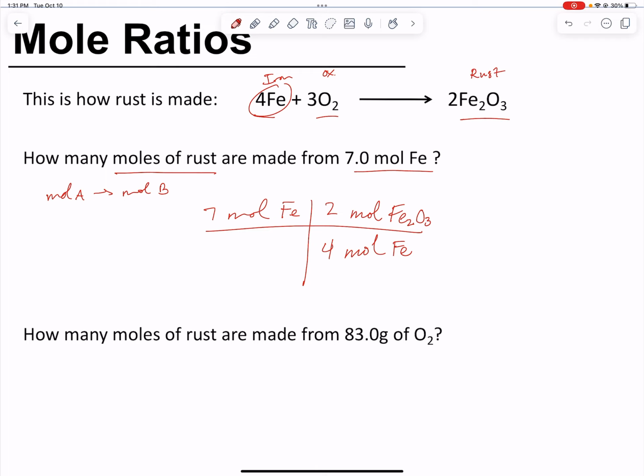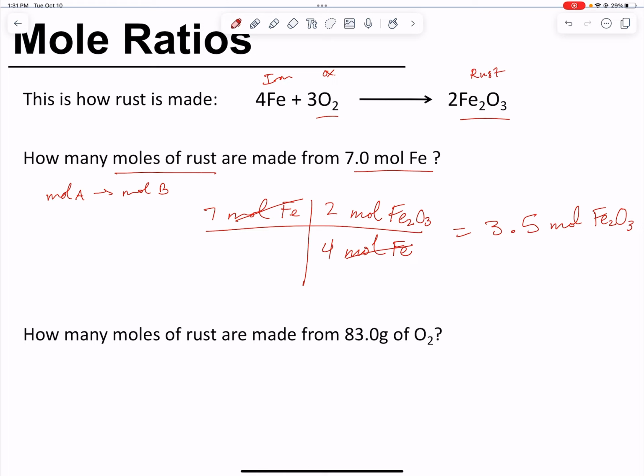So you do 7 moles of iron, cancel. 7 times 2 is 14, divided by 4, 3.5 moles of Fe2O3. Okay.